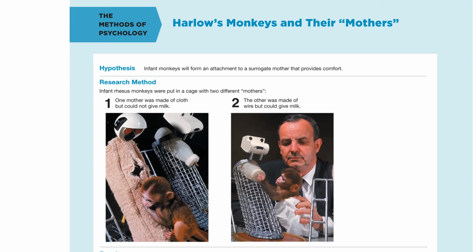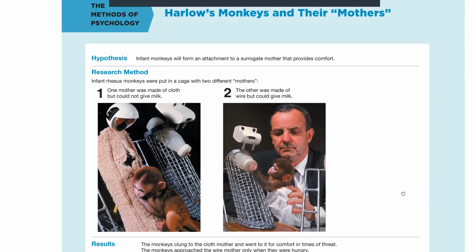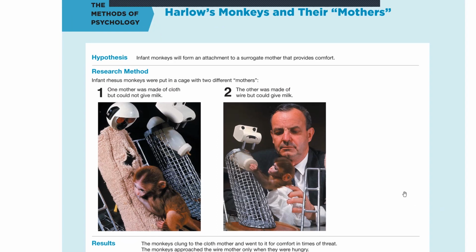The way that Harry Harlow did this study was that he would take infant rhesus monkeys right after they were born and separate them from any other monkeys and from their mothers. So they were basically orphan monkeys, and he provided these two surrogate mothers to these orphan infant monkeys.